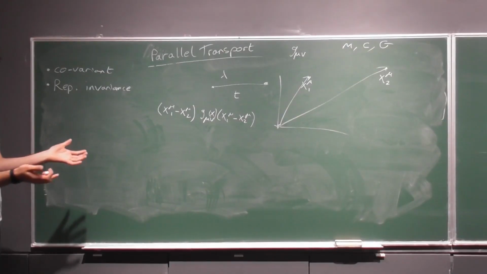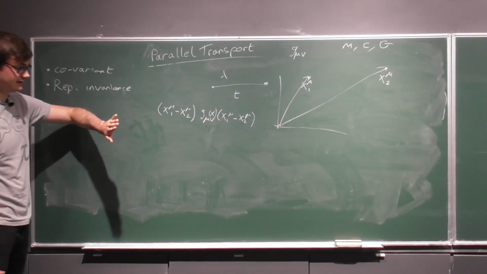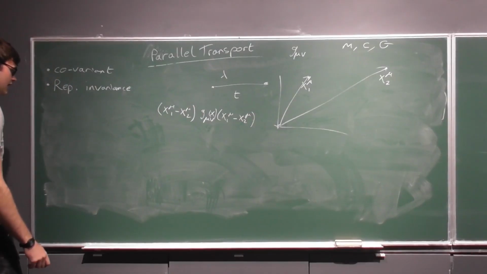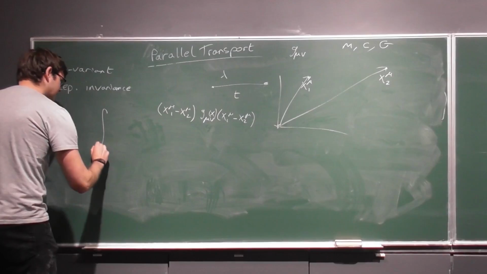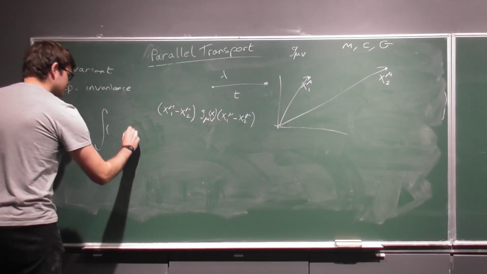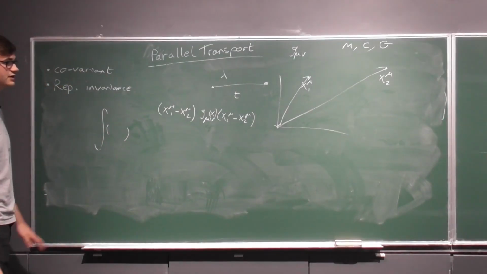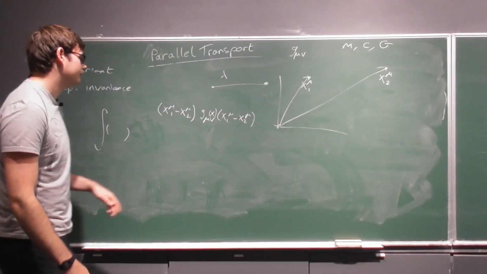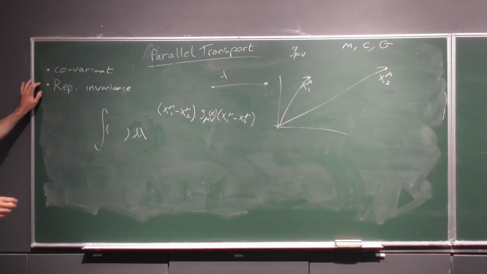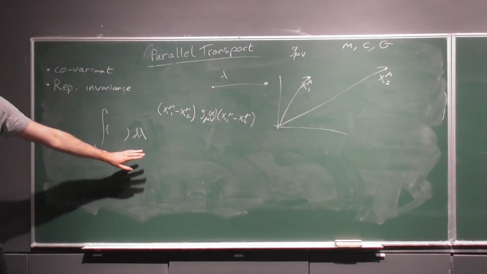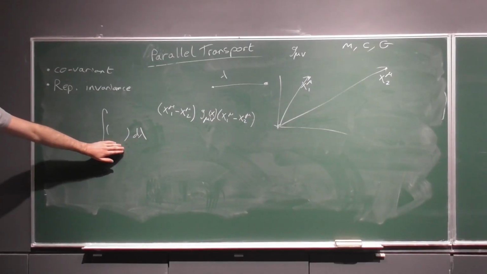Well, what we know we can compare are points that are infinitesimally close together, and that actually works well with the concept of the action leading to the Lagrangian. So we want to consider something along our trajectory. First of all, I'm going to parameterize the trajectory by lambda. By my second rule, I'm going to have to show that that's invariant later, but I'm going to write it like this.